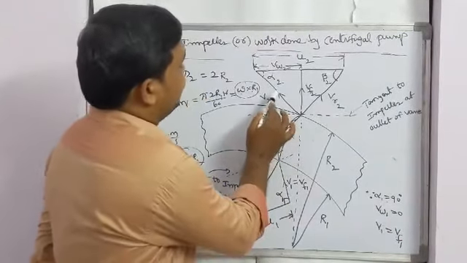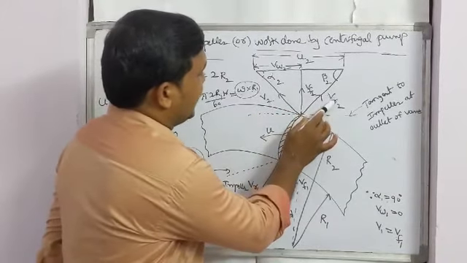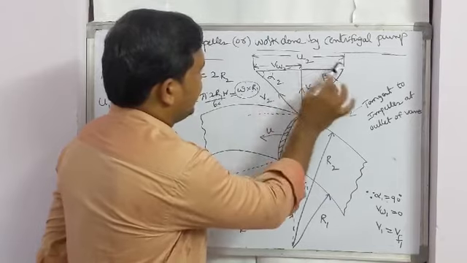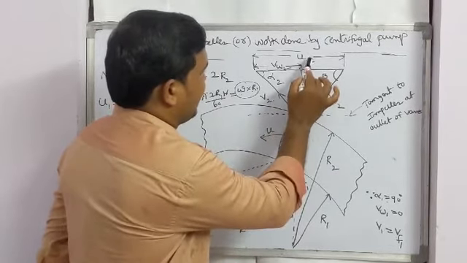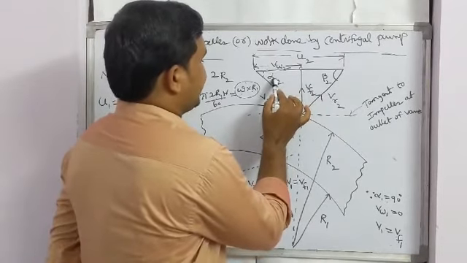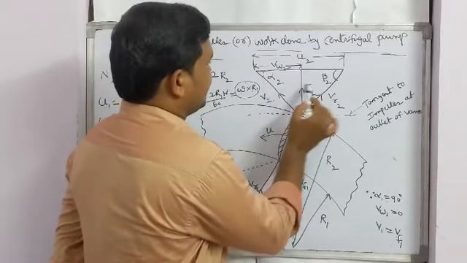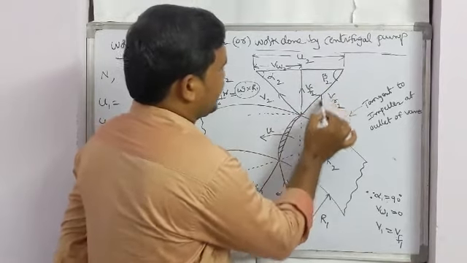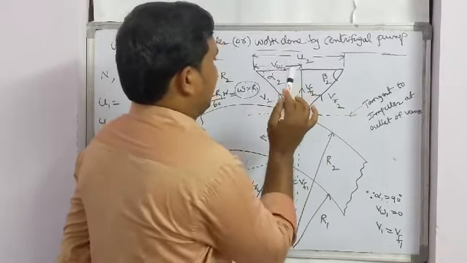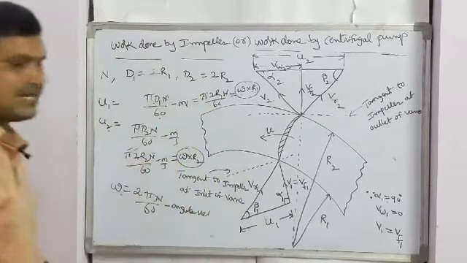V2 is the absolute velocity at exit, VR2 is the relative velocity at exit, U2 is the blade velocity tangent to the impeller at exit, and alpha 2 is the angle made with the absolute velocity. Beta 2 is the blade angle made with VR2, the relative velocity, Vw2 is the whirl velocity at exit, and Vf2 is the flow velocity at exit.